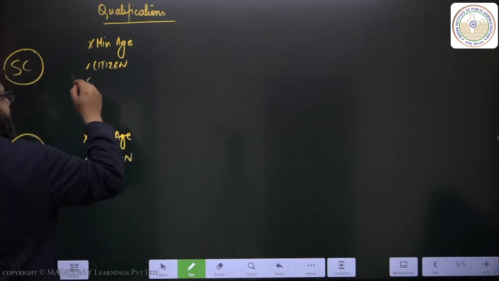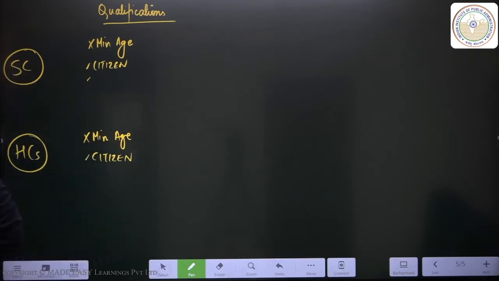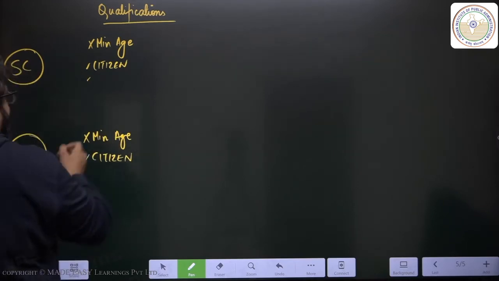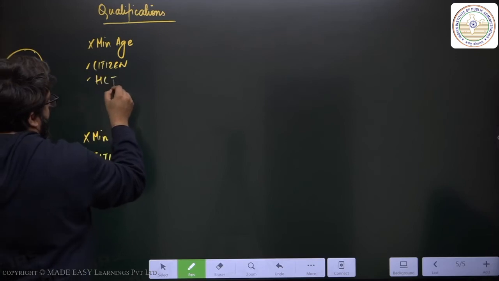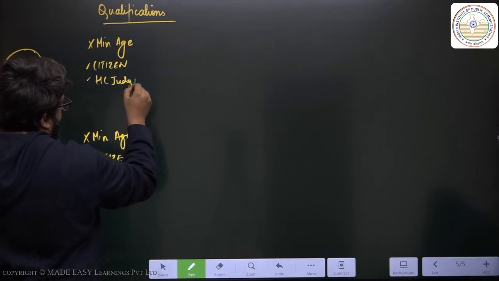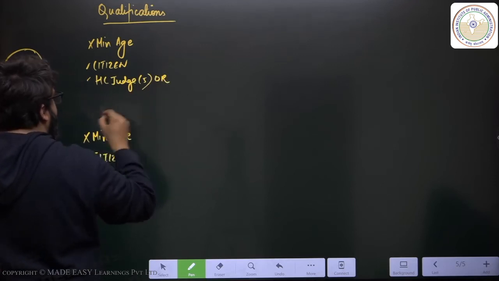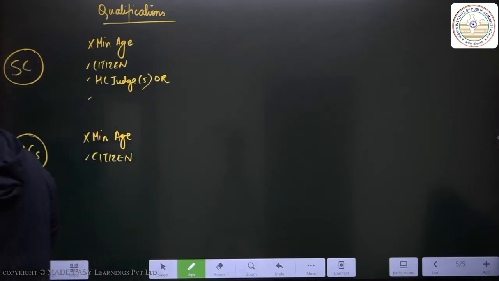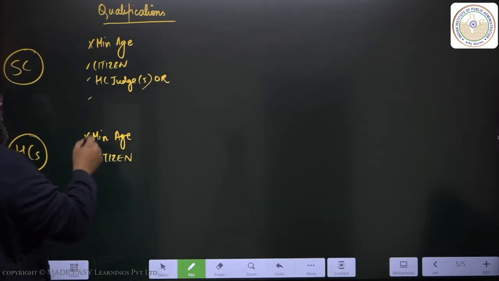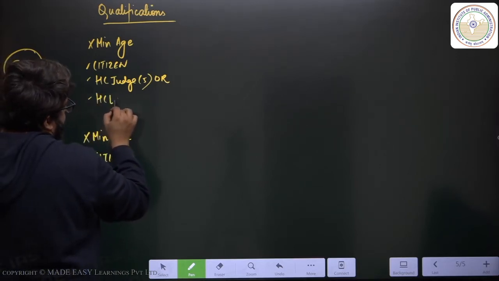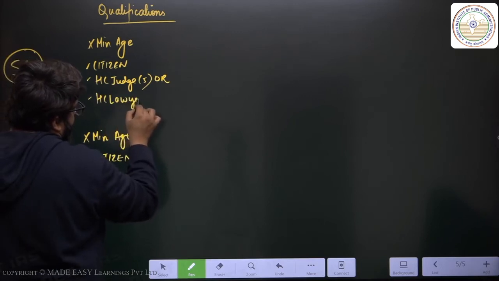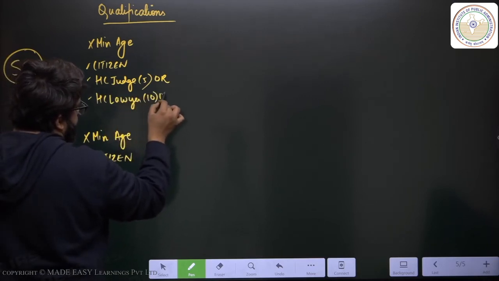For you to be a Supreme Court judge, you should have been a High Court judge for about 5 years, or you could have been a High Court lawyer, a lawyer practicing at the High Court for about 10 years.